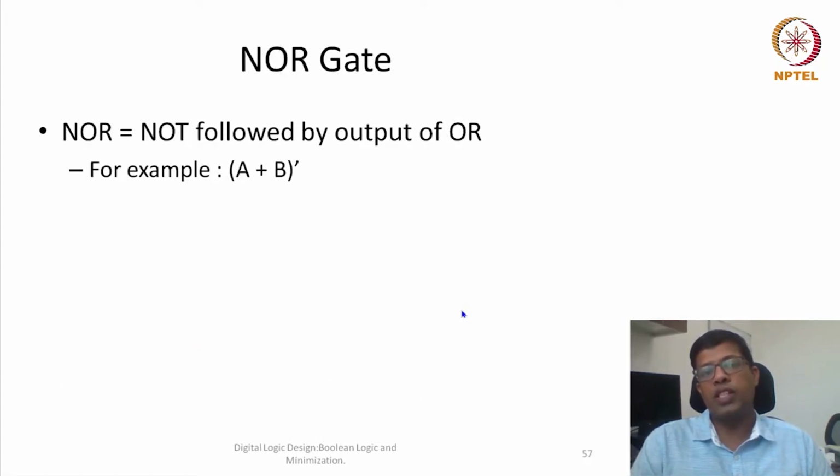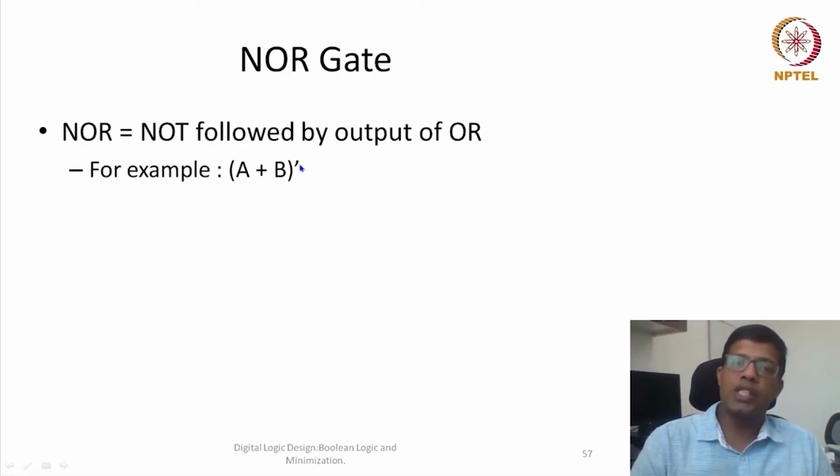The NOR gate functionality is the output of an OR gate followed by an inverter. You can also say that A plus B represents an OR gate. If its output is inverted, then it is considered a NOR gate. Let us see the truth table of the NOR gate.